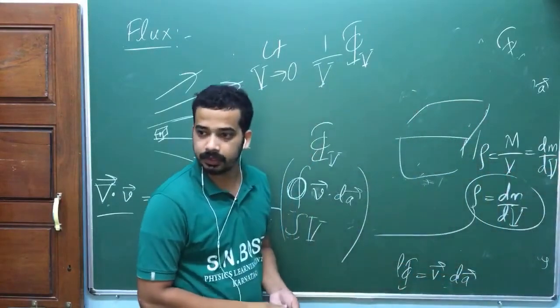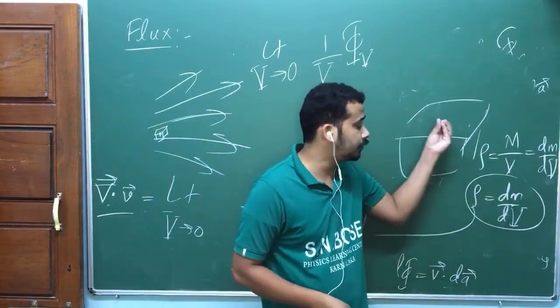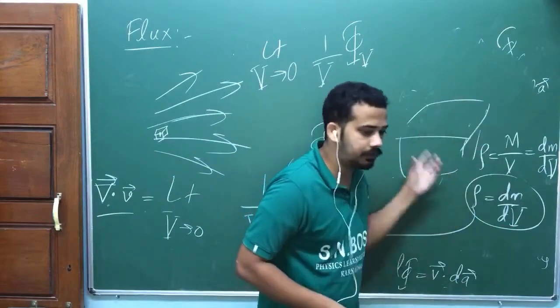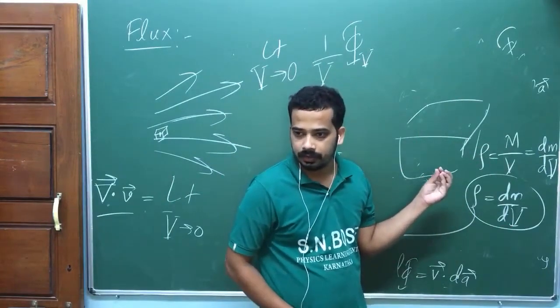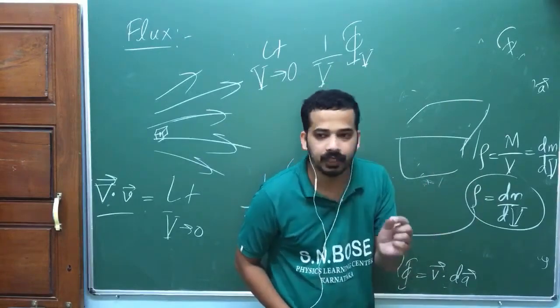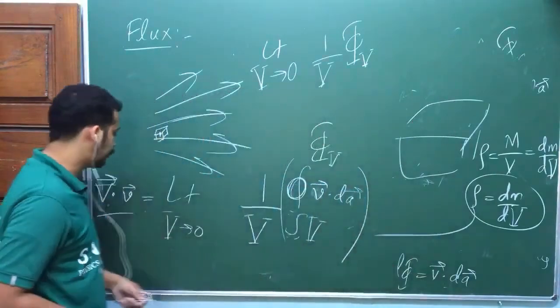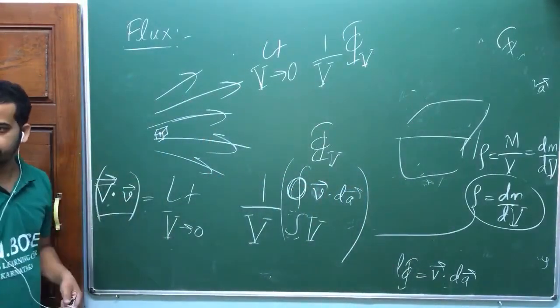But if mass is non-uniform, you have to define rho as dm by dv. You take small mass and small volume, and the ratio may be different at different points of that metal slab. Then rho will be a point variable. It takes different values at different points. Like that, this is a scalar field.